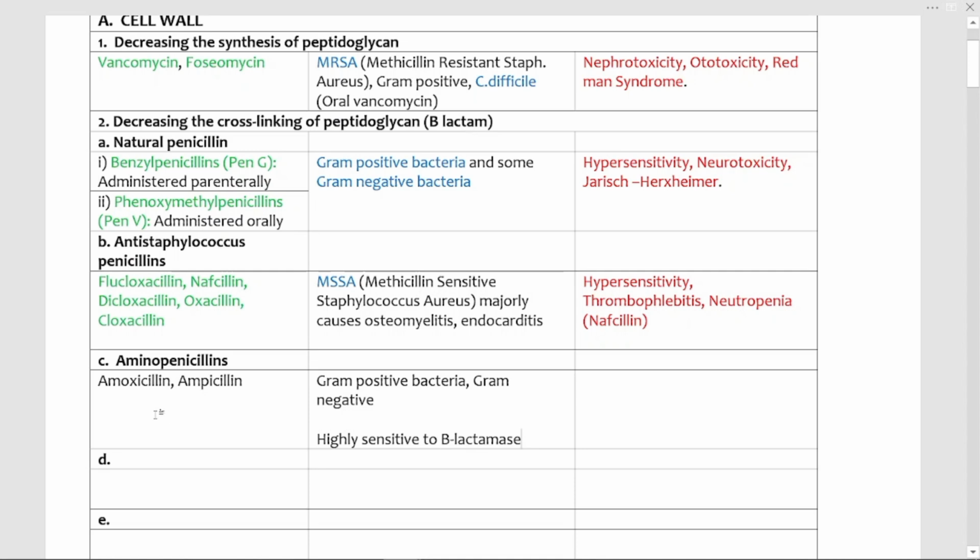That being said, we always give these two drugs with a beta-lactamase inhibitor. So we always combine these two with a beta-lactamase inhibitor. The spelling is an issue. Two major ones are clavulanic acid, which is always combined with amoxicillin to form what is called Augmentin, and we also have sulbactam.